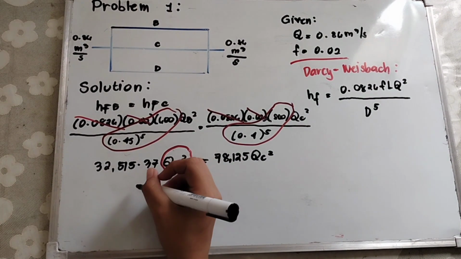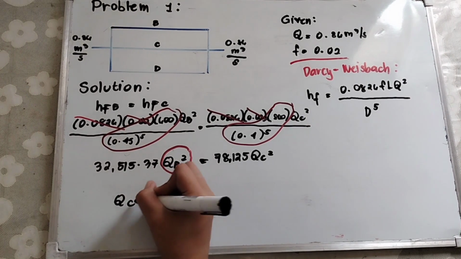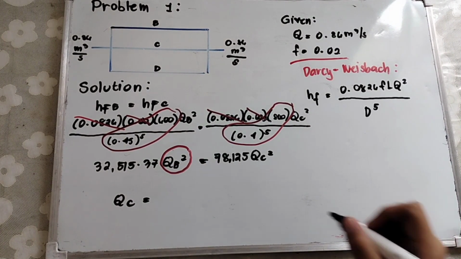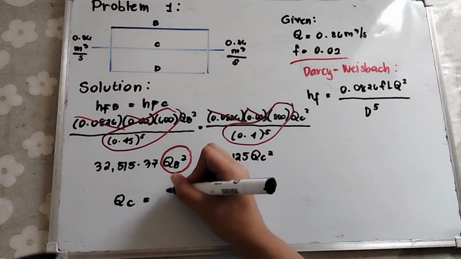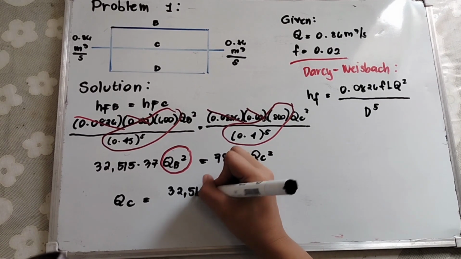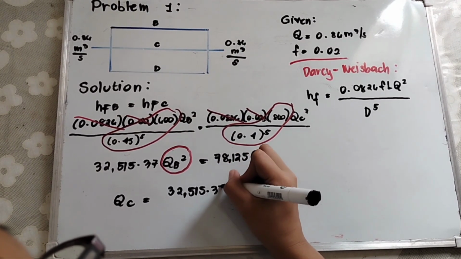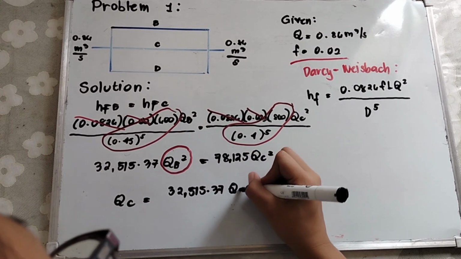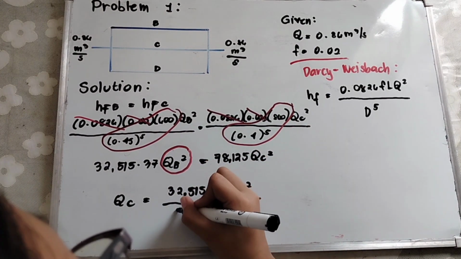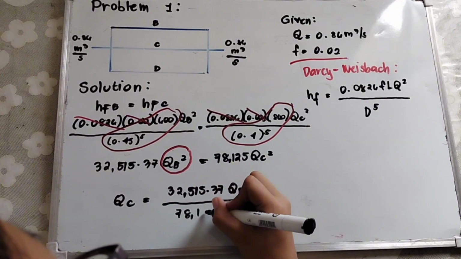Now, we need to find the QC in terms of QB. So, let's divide both sides by 78,125, in which we can come up with 32,515.37 QB raised to 2 over 78,125 equals QC raised to 2.